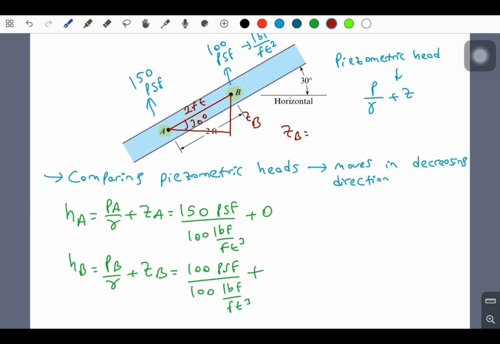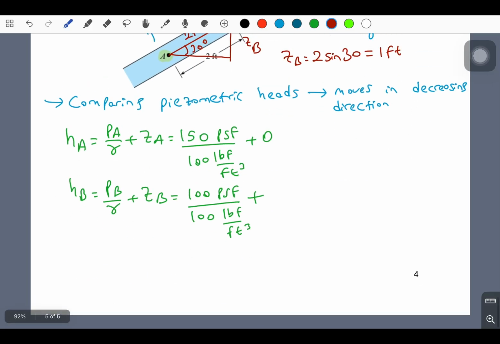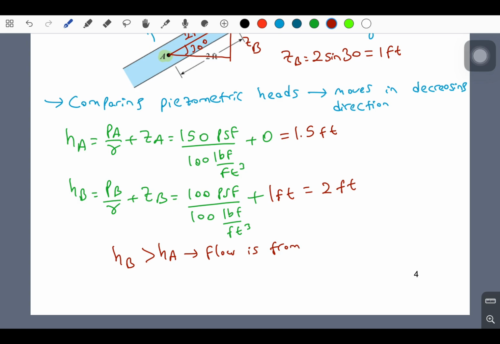ZB will be equal to 2 sin 30, and it will be 1 foot. So this gives 1.5 feet, and this is going to give 2 feet. So here, HB is higher than HA. So the flow is from B to A. So it is actually downward.